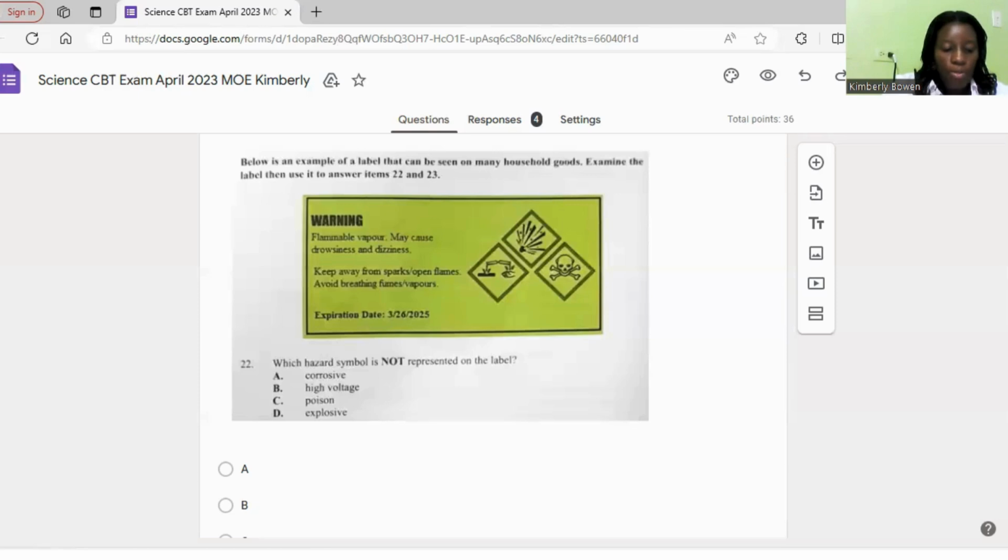For the symbol that looks like a bomb exploding, that's obviously explosive. And for the symbol with, I'm not sure if you can see it clearly, the two test tubes pouring out something on a metal and then on your hand for the other part, that's corrosive. So the symbol that's not on it is high voltage. That high voltage symbol is something like a lightning. So B is the correct answer.